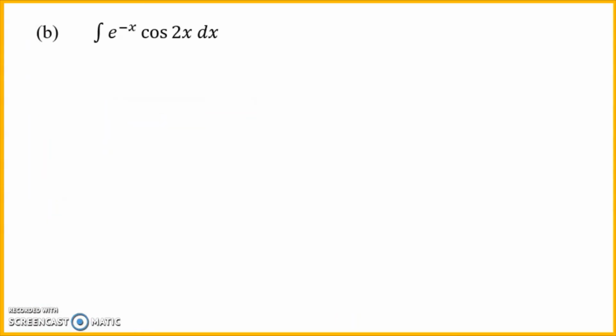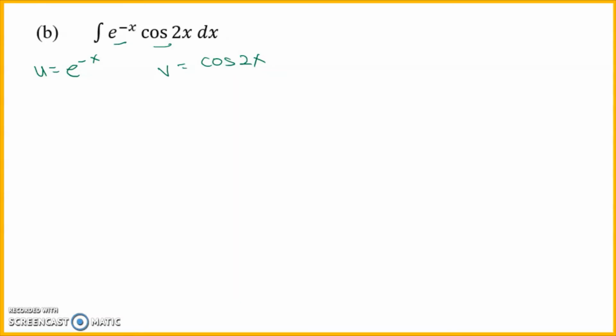Next example, we have an exponential function and a trigonometric function. In this case, neither of these functions can be differentiated till we get 0. So I will simply choose u equal to e to the negative x and v equal to cos 2x. If you like, you can choose u as cos 2x and v as e to the negative x also.